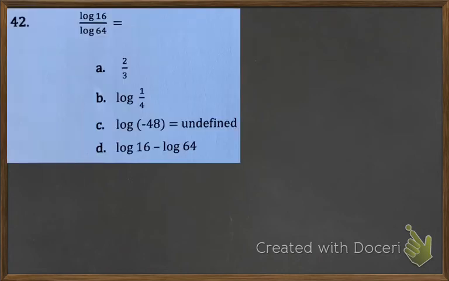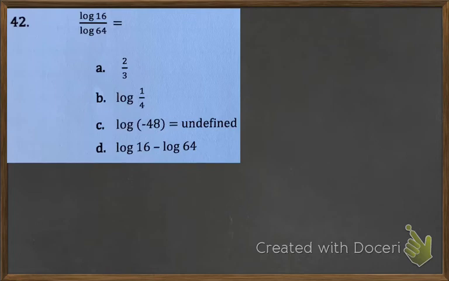Alright, we move on to a completely different type of question, and what we have here is the log of 16 divided by the log of 64, and 4 possible answers are given that we have to choose from. And so what we're going to do is first look at the log laws.